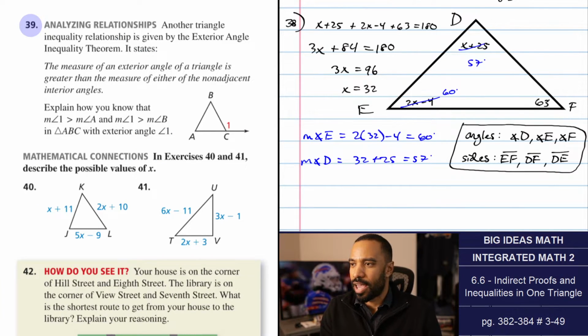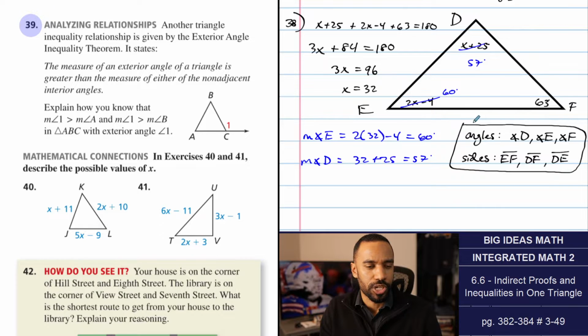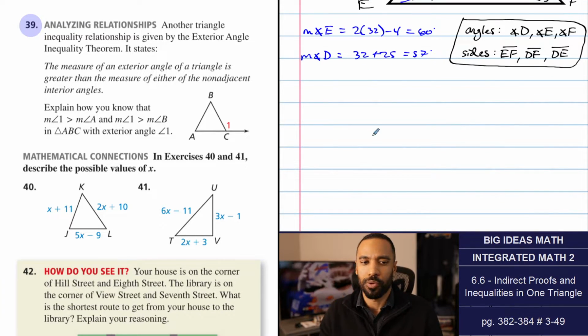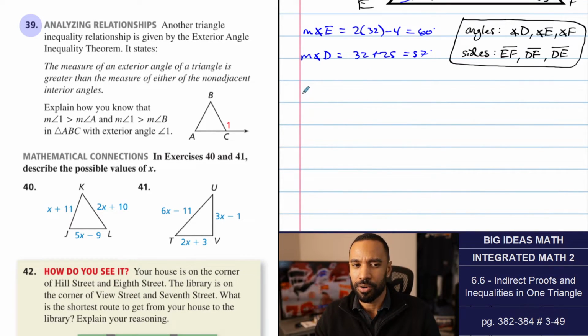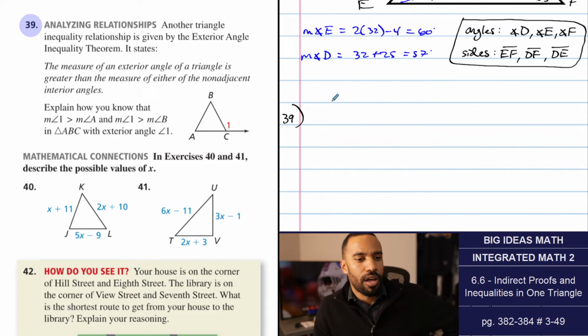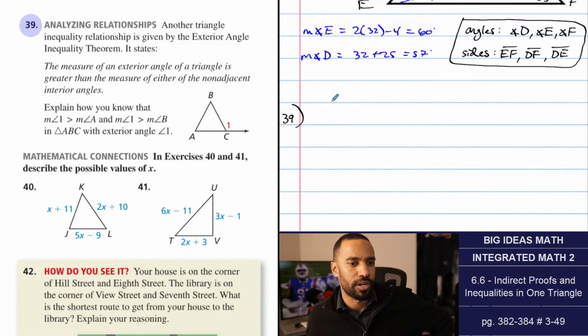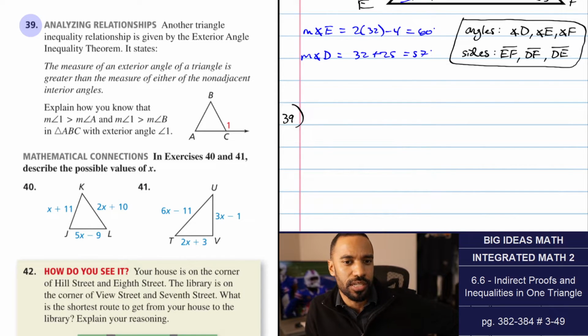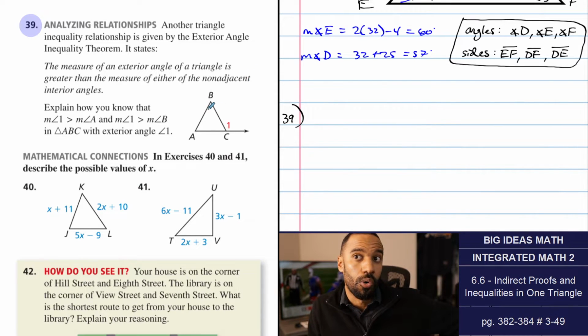All right, number 39, analyzing relationships. Another triangle inequality relationship is given by the exterior angle inequality theorem. I don't know if I've seen this before. It states, the measure of an exterior angle of a triangle is greater than the measure of either of the non-adjacent interior angles. Oh, well, I know that when you add these together, it equals that one.